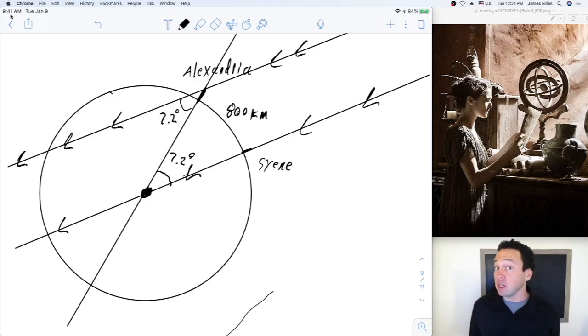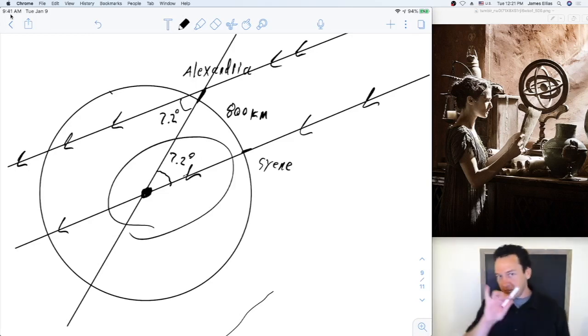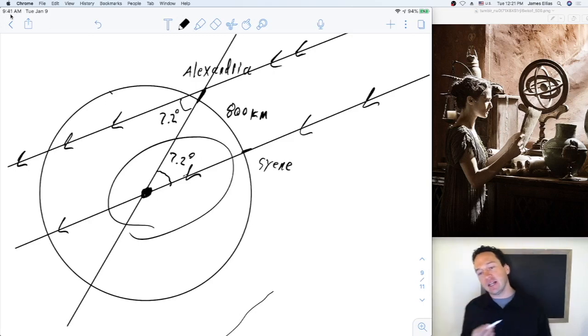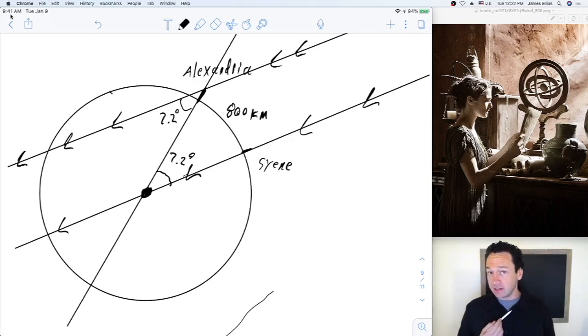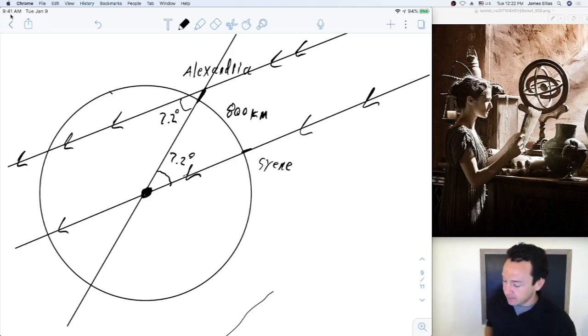So he's relying on the idea that the sun rays are parallel, and we're going to have to prove that later, but so long as they are parallel, he knows that the angle from the center of the Earth separating Alexandria and Syene is exactly 7.2 degrees. Okay? He didn't want to dig to the center of the Earth and measure that angle himself. That would take too long. So he used geometry to measure it indirectly.